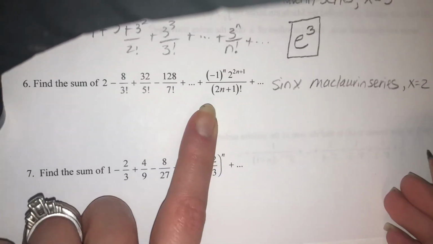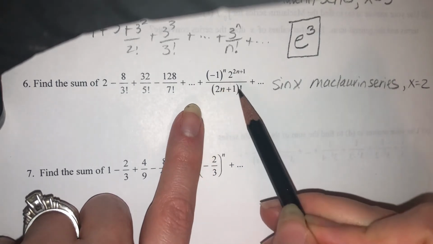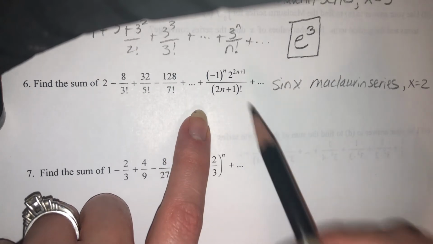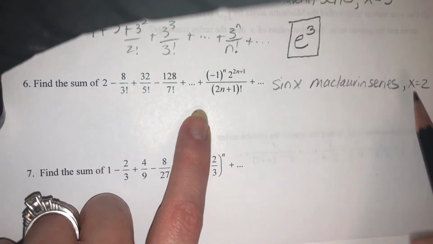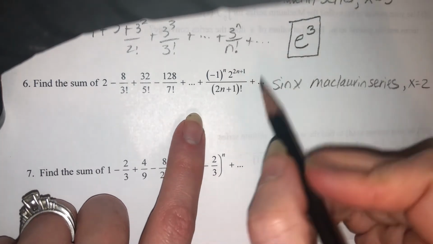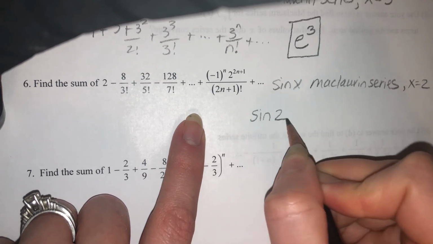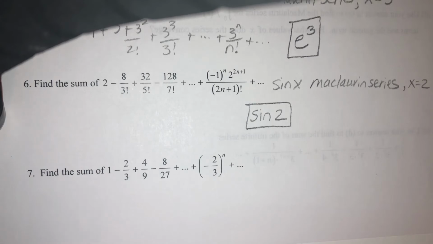The x value is equal to 2 here. So negative 1 to the n and then x to the 2n plus 1 over 2n plus 1 factorial would be the sine of x Maclaurin series, but that x has been replaced with a 2. That means the sum of this series is the sine of 2. Okay, that's what it adds up to.